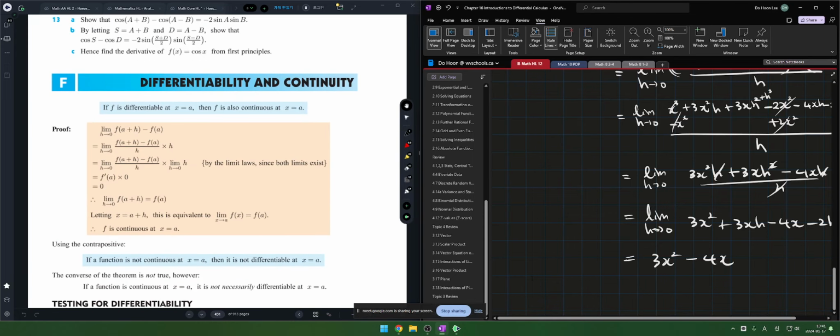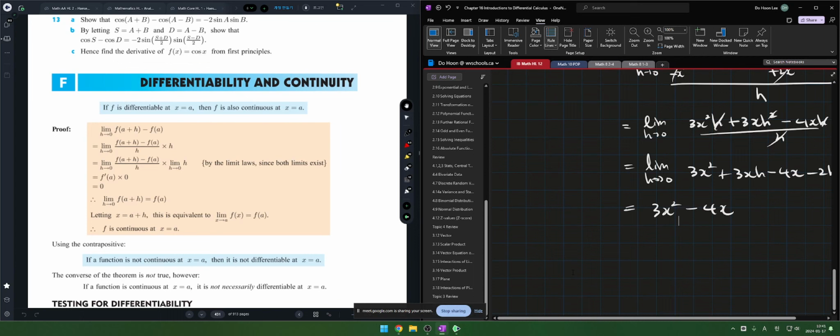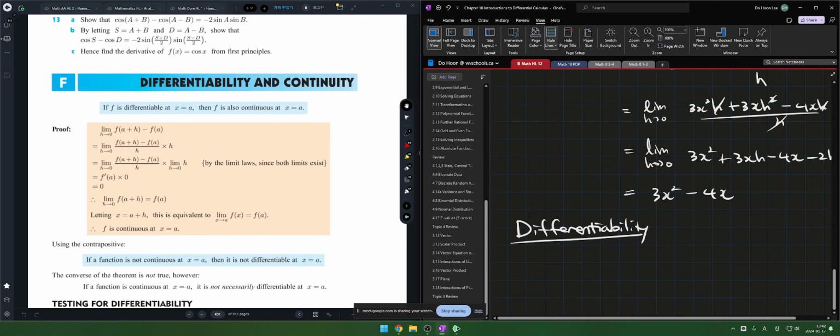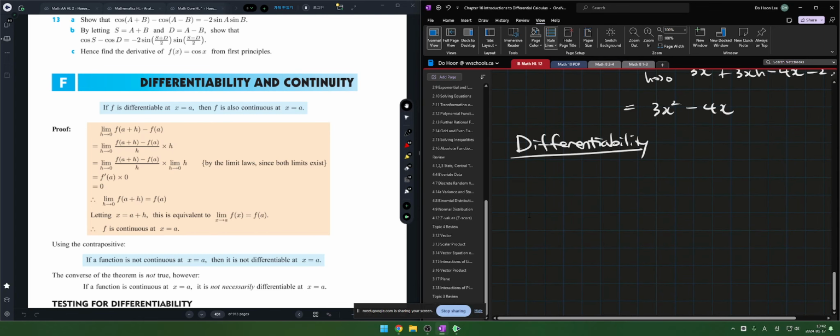Now we're going to the idea of differentiability. Differentiability, as the name implies, is closely related to the idea of the limit existing and also continuity and things like that.